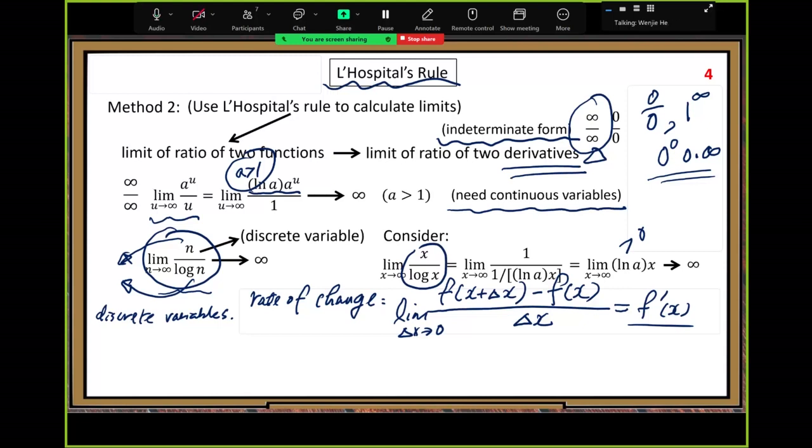Because there are many different ways to approach infinity, right? When you go from one place to another, you have many ways. When you go from here to Chicago, you have many ways. Here I tell you, go to Chicago, I didn't tell you which way to take. Here, the same thing. I tell you, x must go to infinity, but I do not tell you in which way.